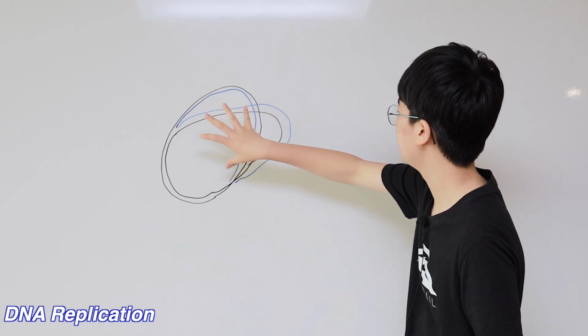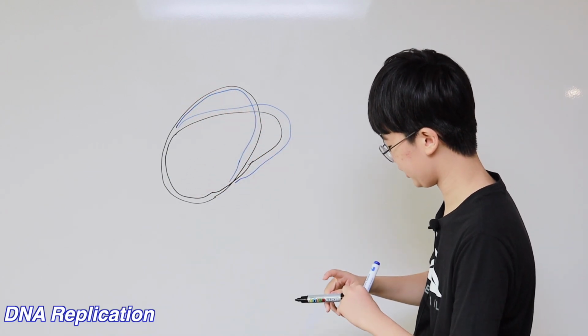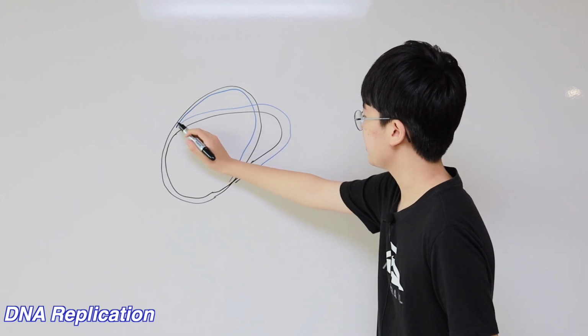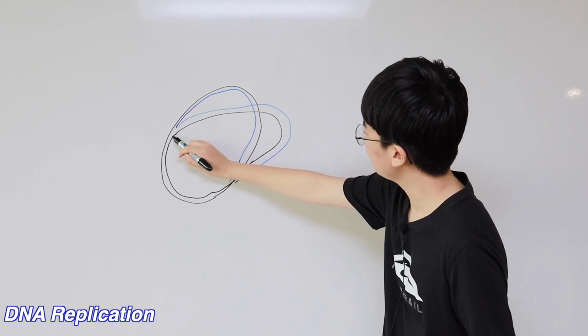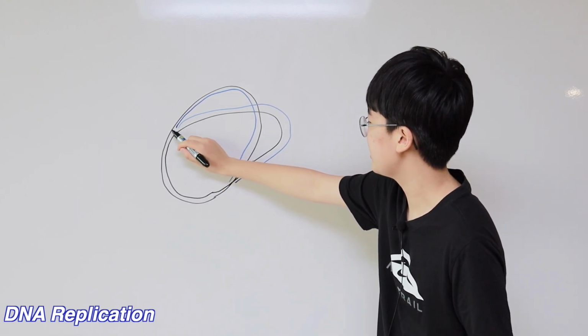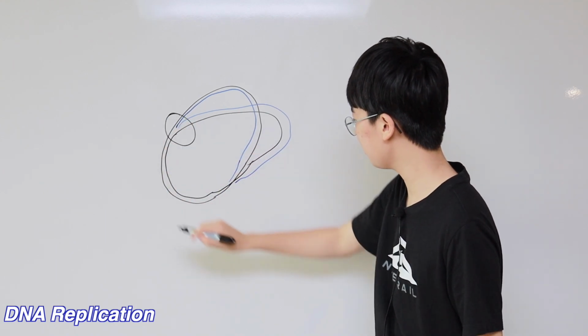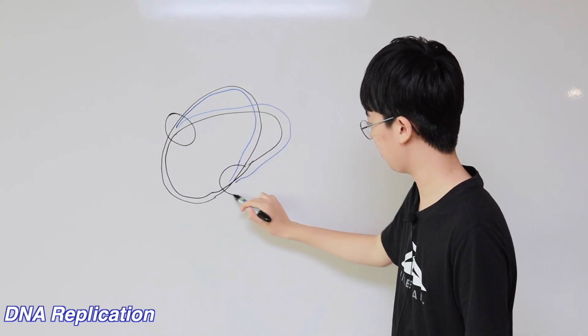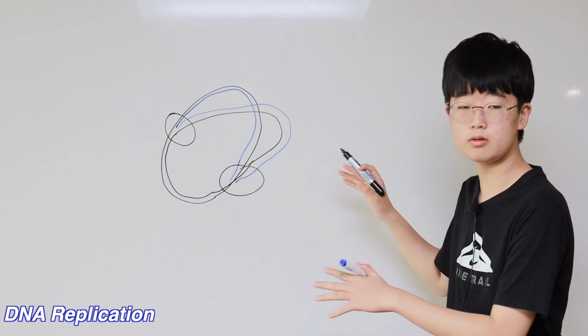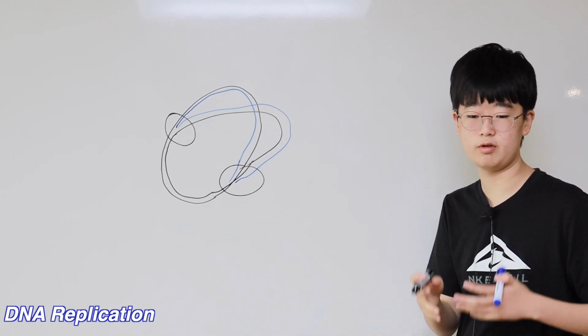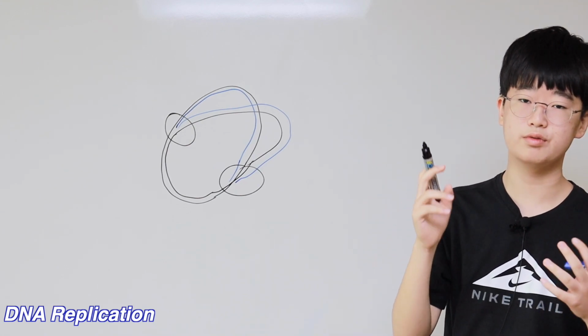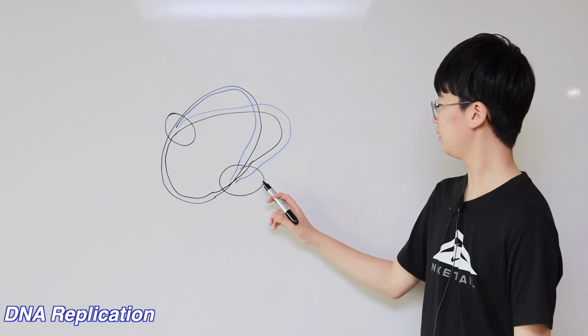So yeah, when this is replicating, you can see that there is a splitting part over here and another splitting part over here. We call those replication forks.